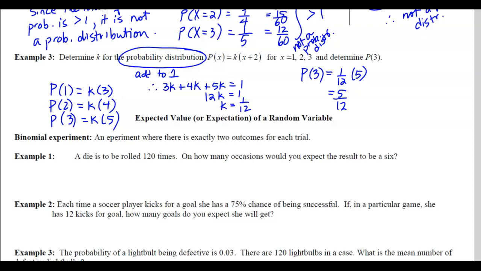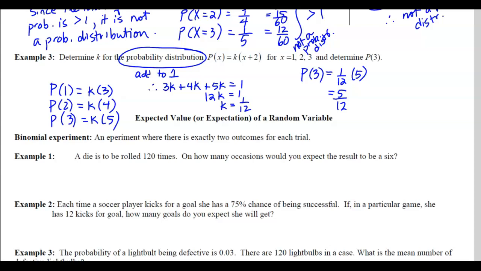And then the next definition, expected value of a random variable. The word expected means what you think will be the result of doing a probability experiment for a certain number of trials. To be more specific, there are some experiments called binomial experiments. Remember, a binomial is 2 terms.